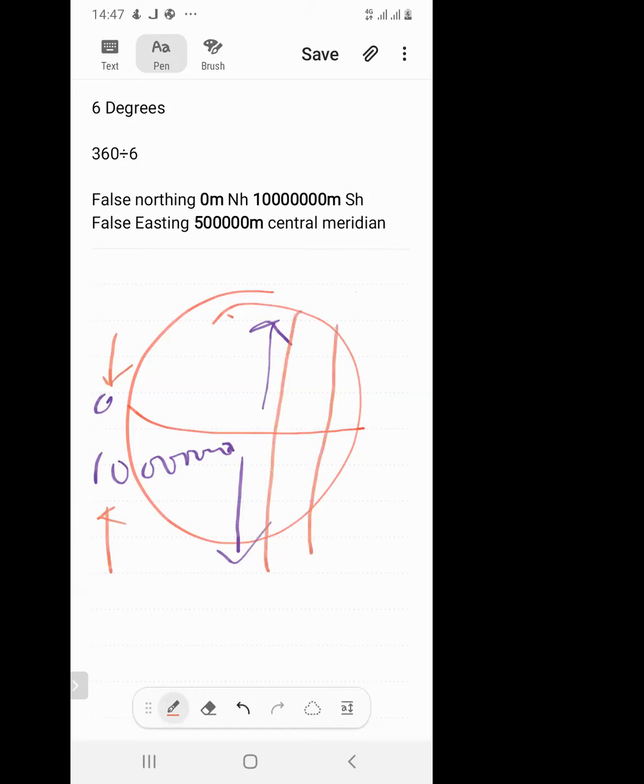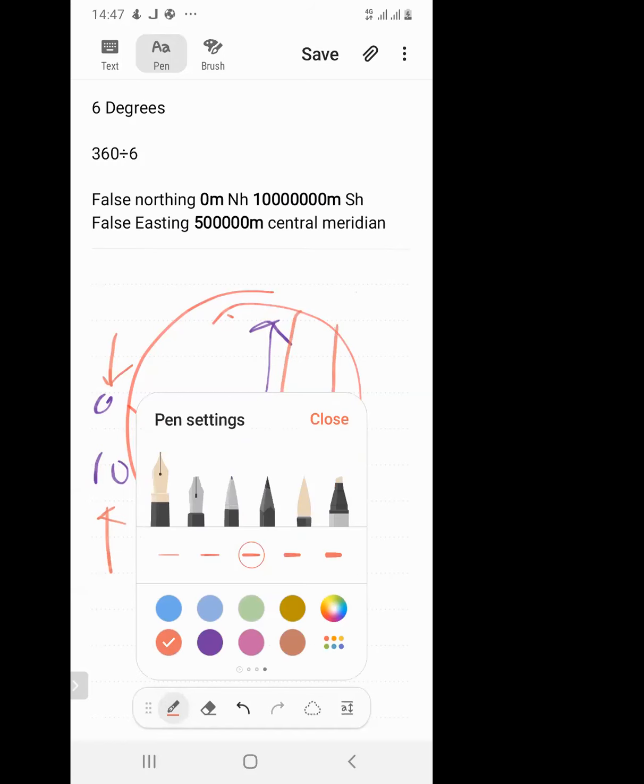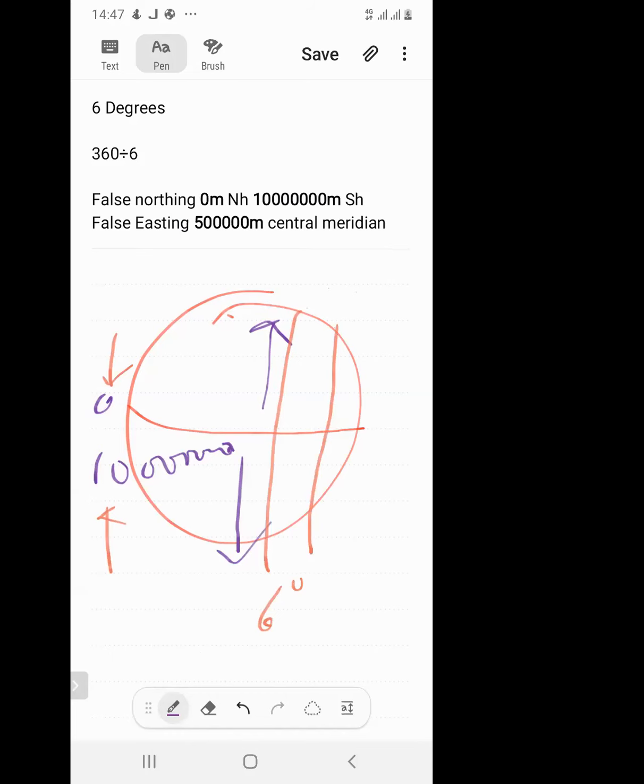So this is the zone, 6 degrees. And then there's a central meridian that goes in the middle of it. So the central meridian will go something like this. So that becomes the origin. The origin is now defined by the CM and then the 0 latitude, the equator. Are you okay?